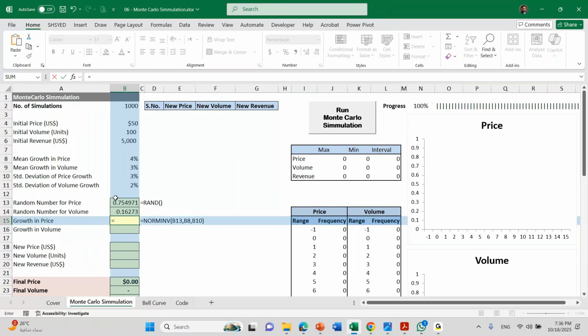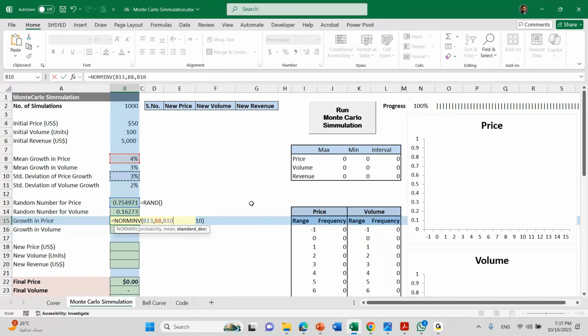And this is my historical growth in price. And this is the historical standard deviation of price. So I'm just trying to project one price point, and in my NORMINV function, this is my probability for change in price. Then I have to get the mean growth in price, historical, and the standard deviation of growth in price.